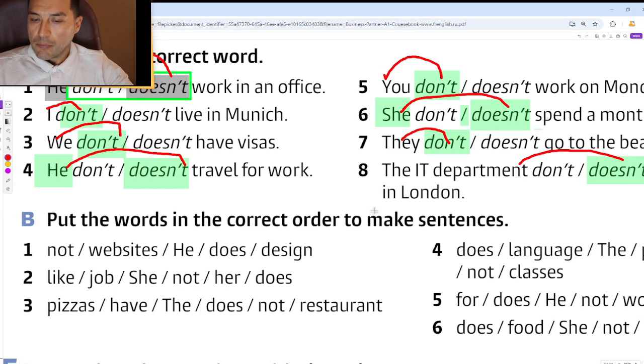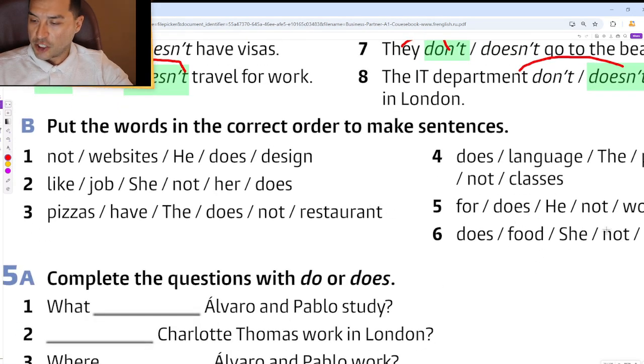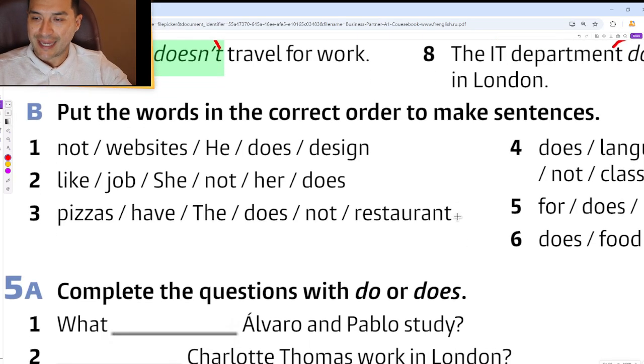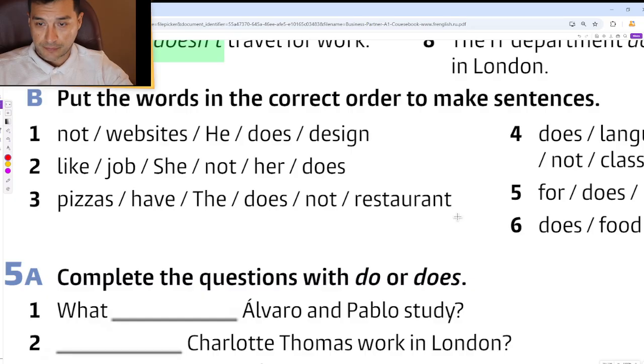Next exercise. In the next exercise, put the words in the correct order to make questions or sentences. To make sentences. Okay, we have some negative sentences.